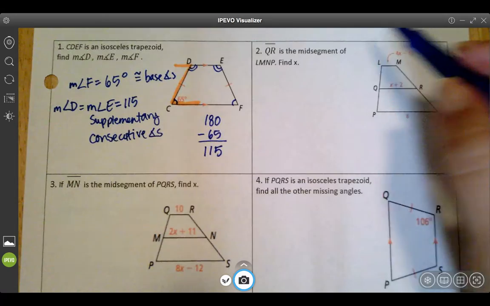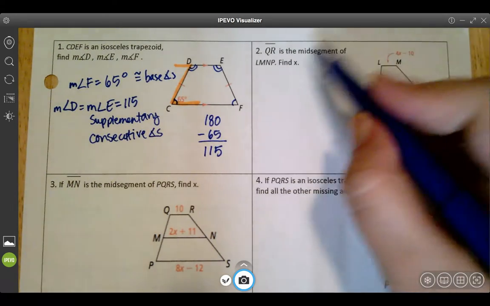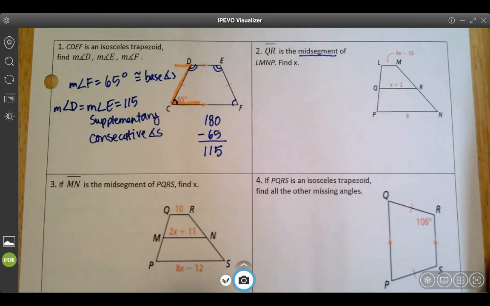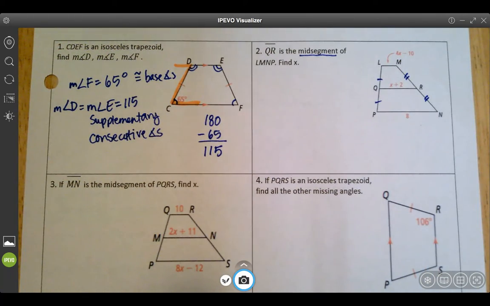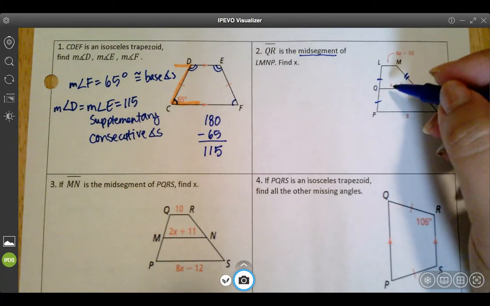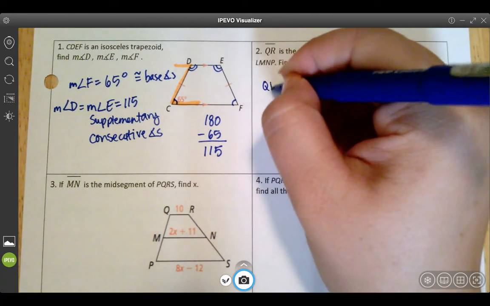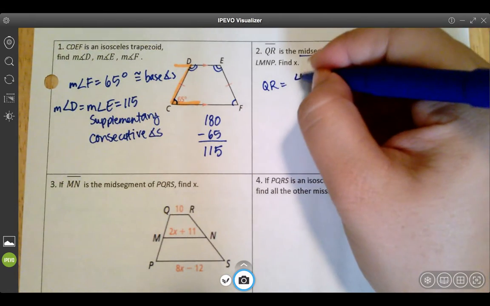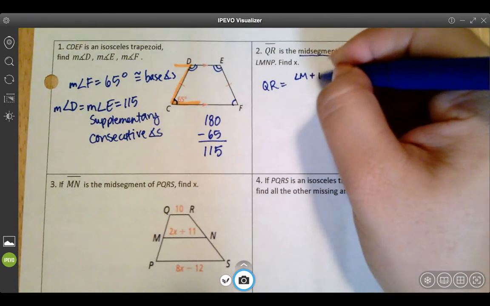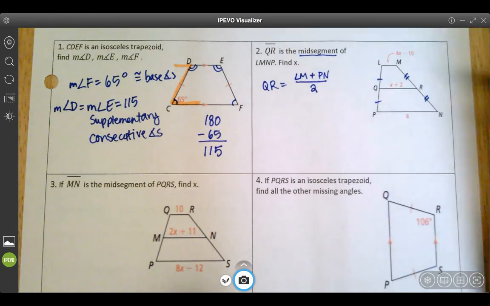For number 2, we have QR is a midsegment. Midsegment means that it connects the two midpoints of L, M, and P. Find X. Well, the calculation for a midsegment is that QR, the midsegment, is the average of the two bases. LM plus PN over 2.